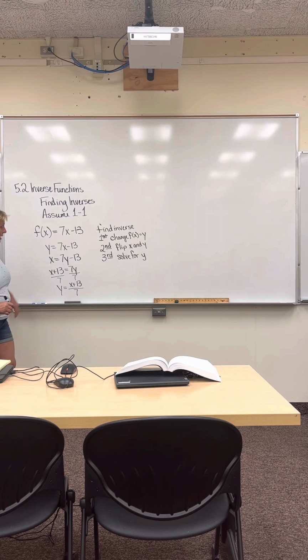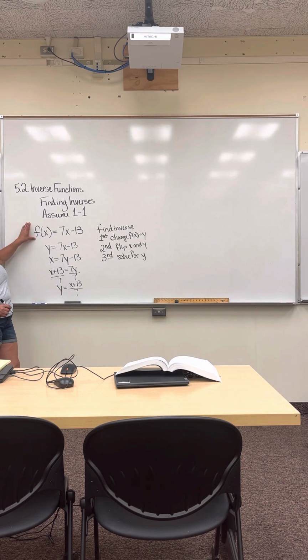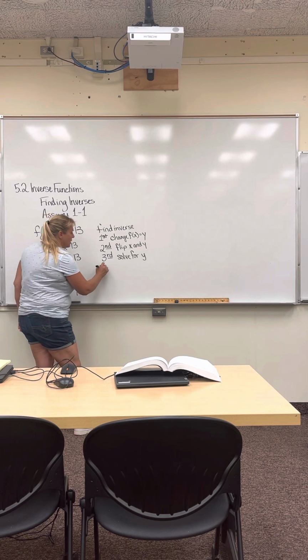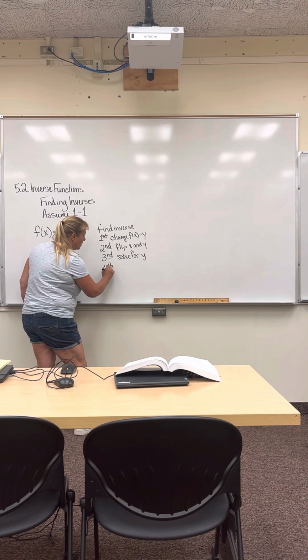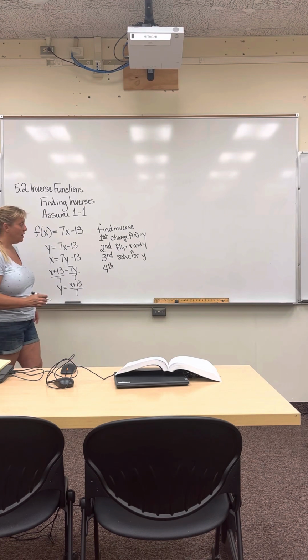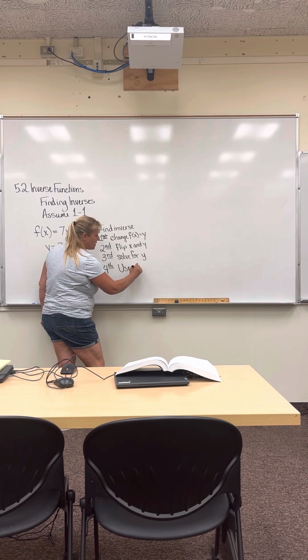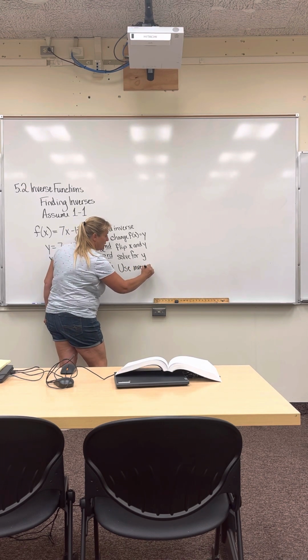Now, this guy is the inverse. So there's the original, this is the inverse. So the fourth thing we have to do is we have to tell people that this guy is the inverse. So we need to use what we call inverse notation.